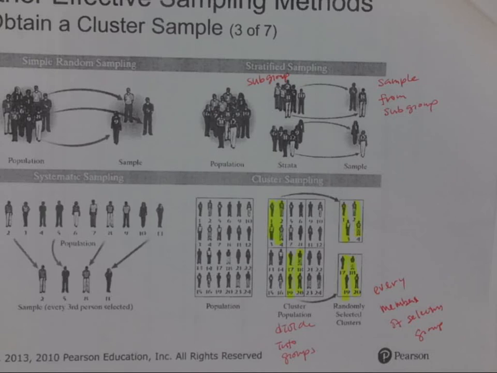And for the stratified, you will have a big group and then you have subgroups. May not be 2, it may be a lot of them. But once you have the subgroups, you will pick a few from each of the subgroups. So not the whole thing. This one is the whole thing. This one will pick from every single group, but they only sample from them.